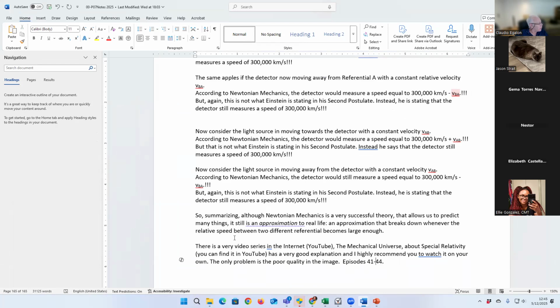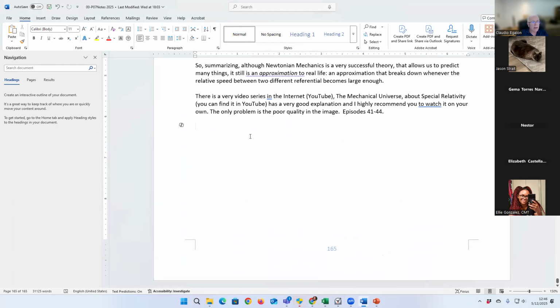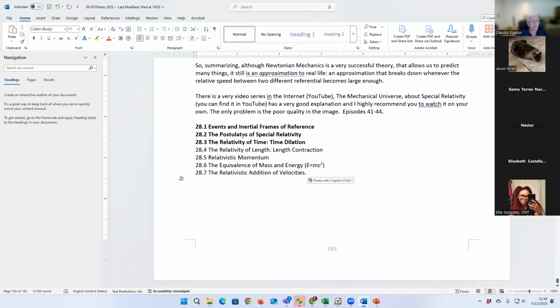So I think we can stop here now. But before we finish, here are the sections: events and inertial frames of reference, the postulate of special relativity, and then next time we're going to start talking about time dilation, okay? The relativity of time dilation.